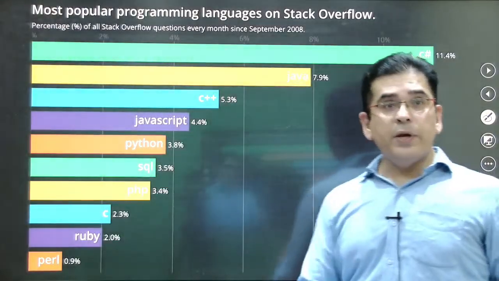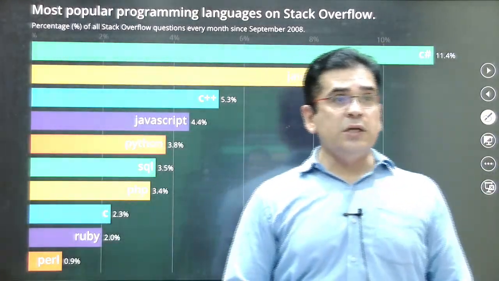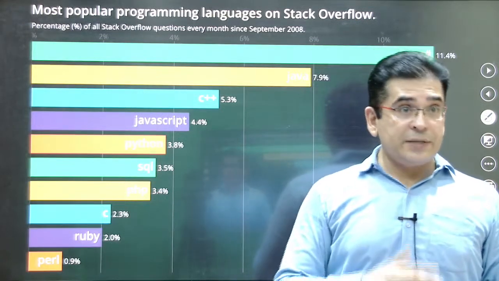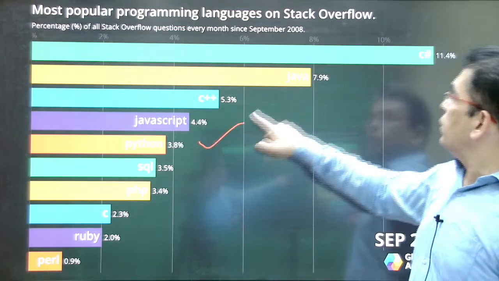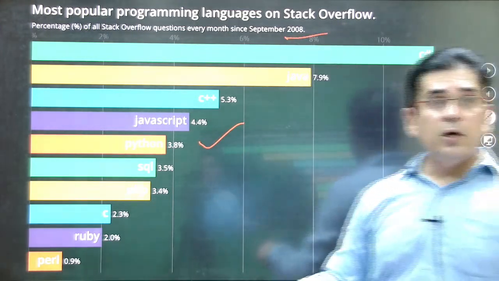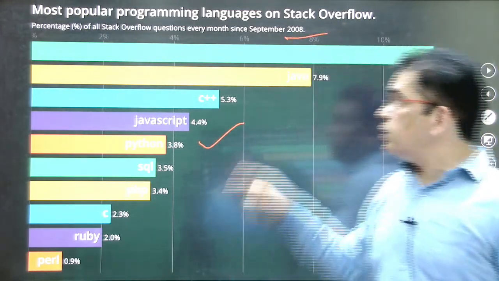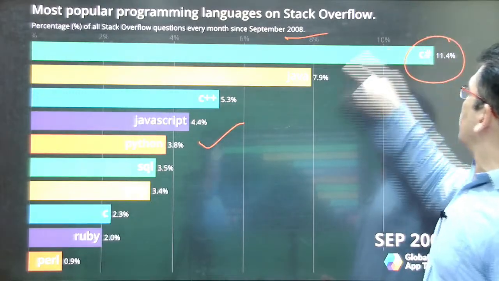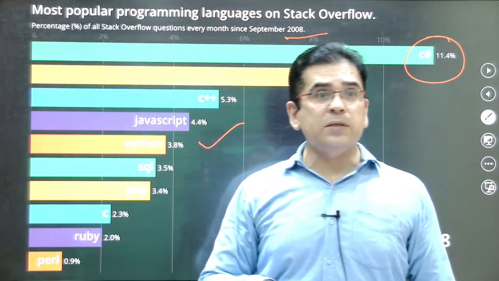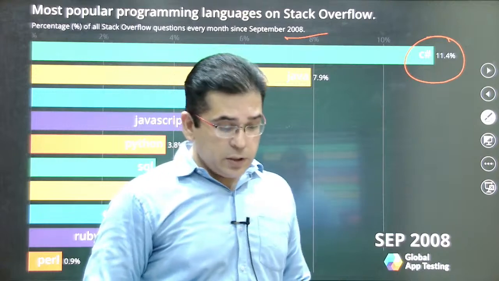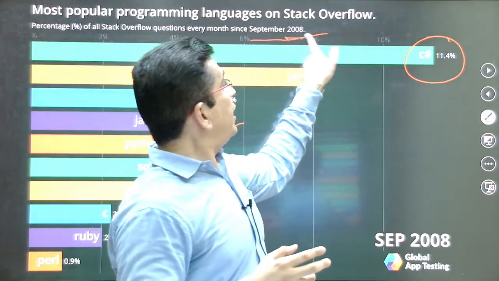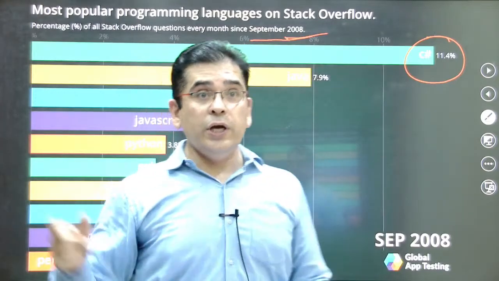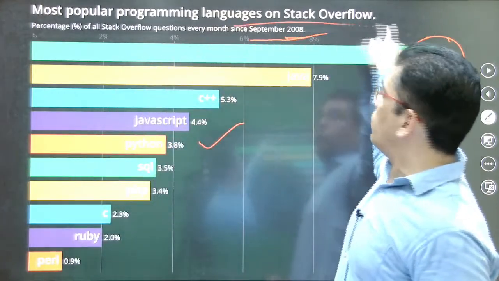So now coming to the very interesting part, this is the statistics, the initial statistics when Python was introduced, around 2008. The most popular language at that time was C#. 11.4% of people were using C# in September 2008, according to Stack Overflow programming statistics.